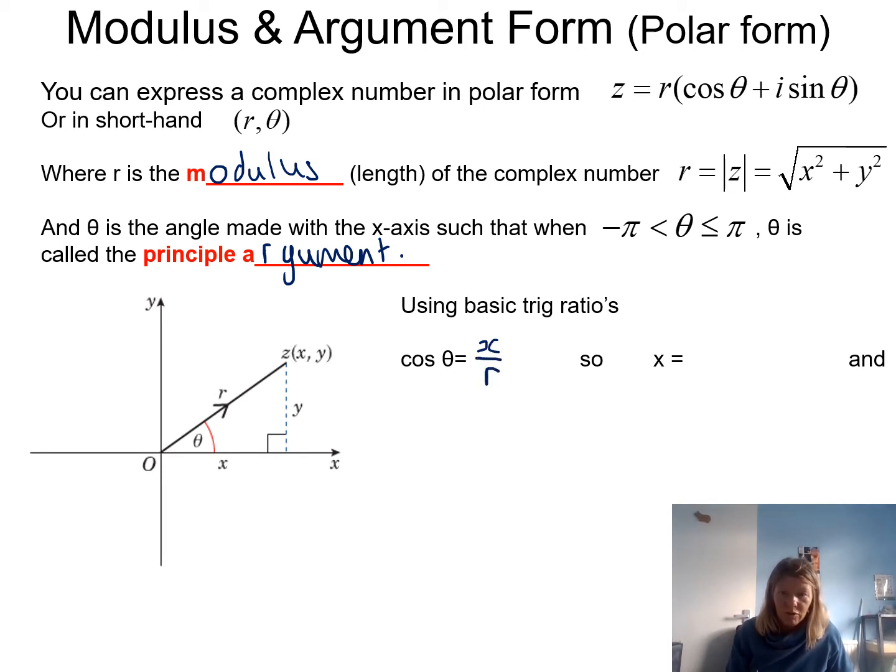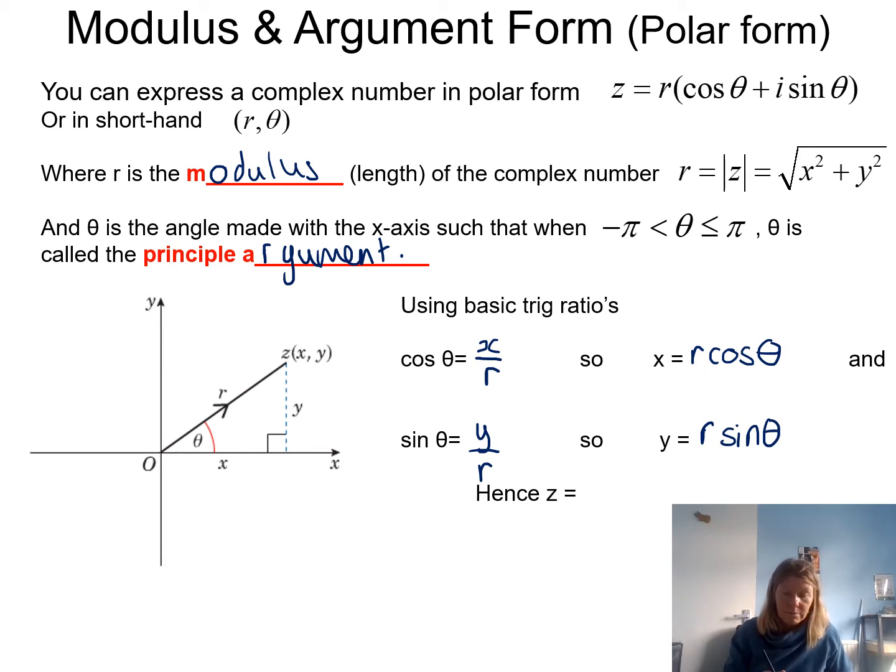If we rearrange that, we get x equals r cos theta. And sine theta, if you remember from your trig ratios, is opposite over hypotenuse. So y over r. If we do a little rearranging, we get y equals r sine theta.